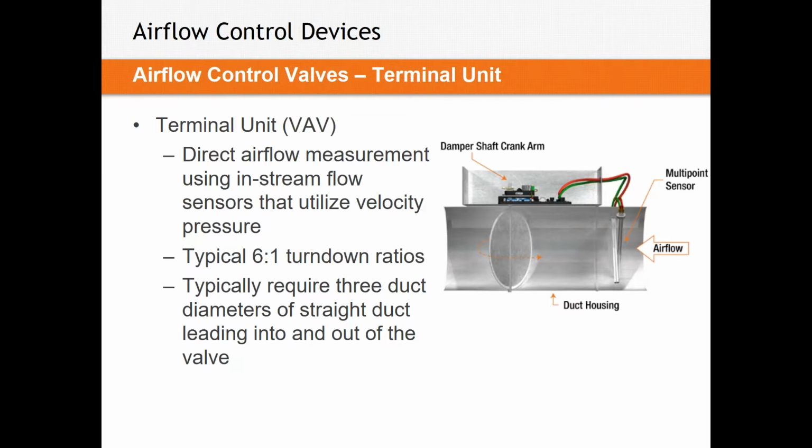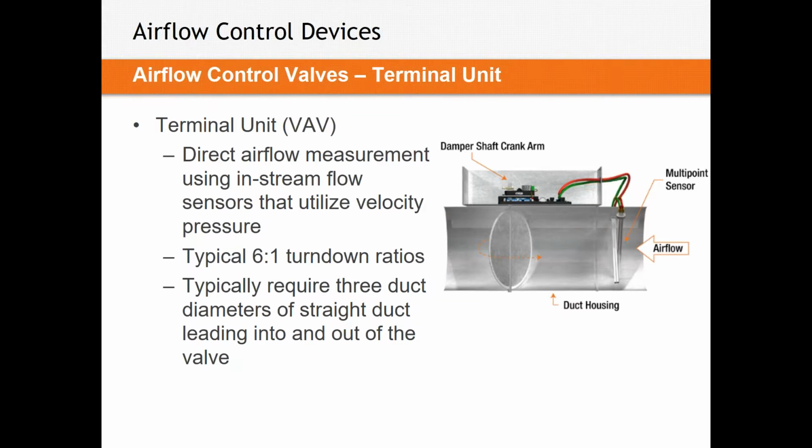The 2 main concerns you may have with this device are the turn down ratio, which we list here as about 6 to 1, but it really ranges anywhere from 3 to 1 to about 7 to 1, depending on some of the equipment you have here, and the straight run requirement for these devices. The pressure measurement, the airflow measurement we use here, relies critically on laminar airflow, nice, clean, straight airflow.